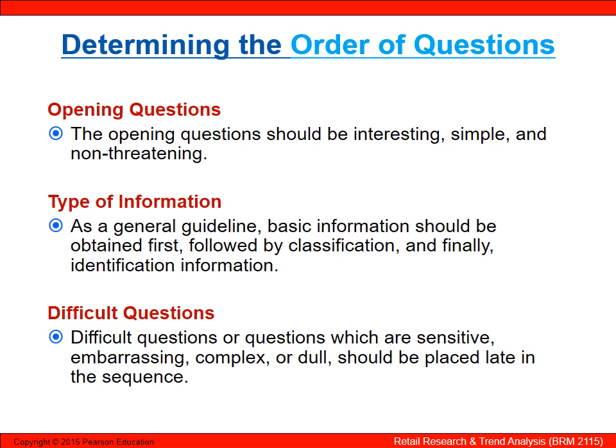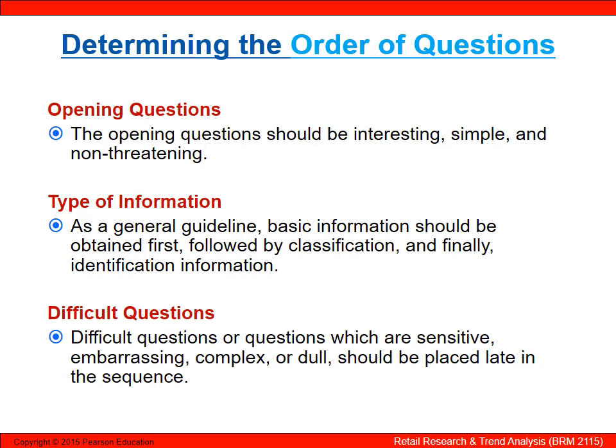Identification information includes the respondent's name, postal address, email address, and telephone number. Identification information may be obtained for a variety of purposes, including verifying that the respondents listed were actually interviewed, remitting promised incentives, and so on.